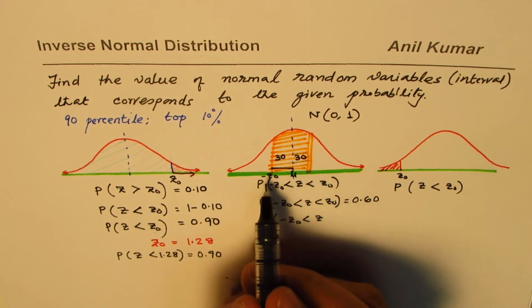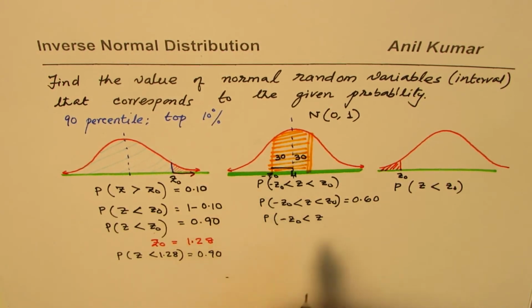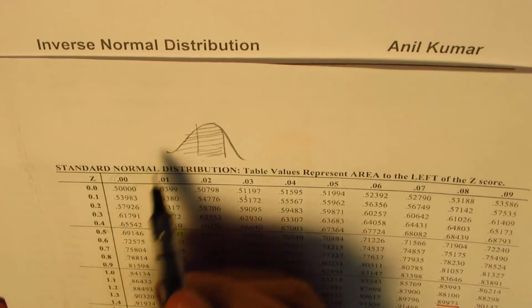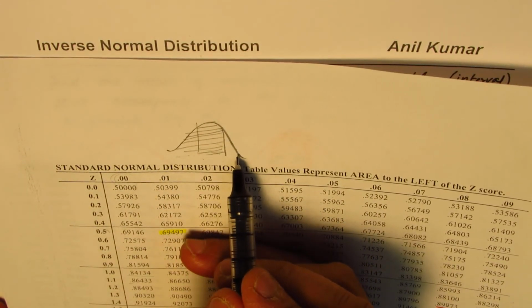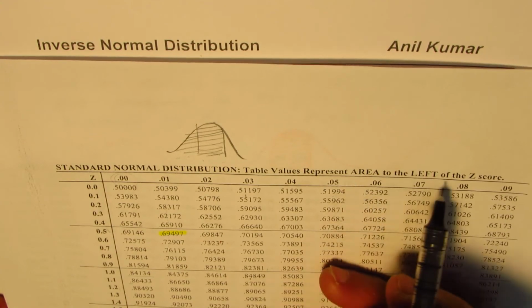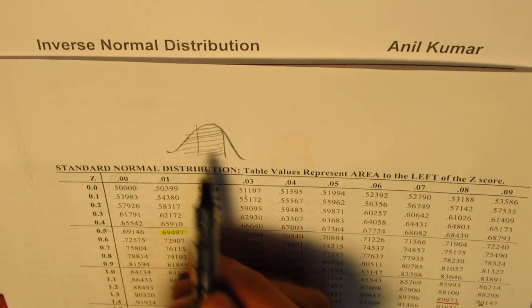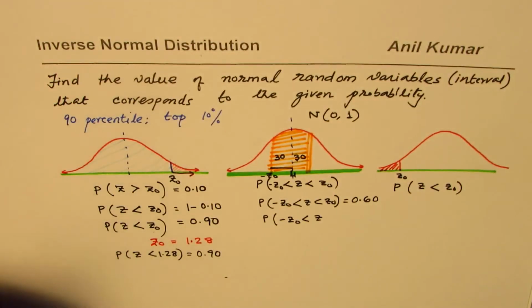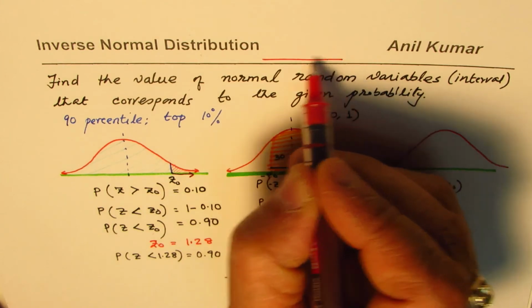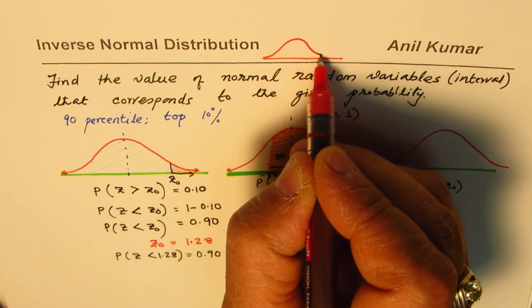Now, if I want to find z0, my criteria is I'm using this kind of a table to read the values. They give me from minus infinity, right? So my table gives me values from left.